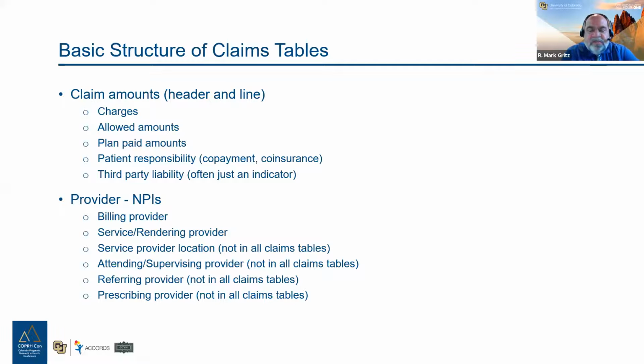As I mentioned, some of the facilities are required to also have an NPI, and this would be the NPI of the location where the service was provided. Some tables also have an attending or supervising provider NPI, a referring provider, and for some of the pharmacy claims, the prescribing provider can also be included in those files.